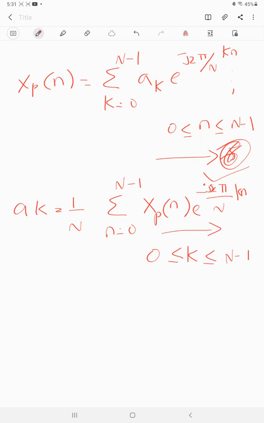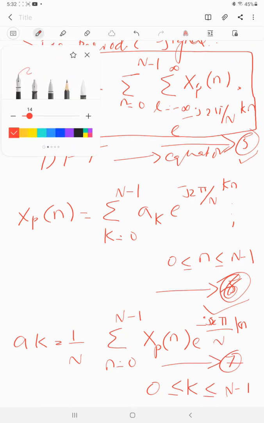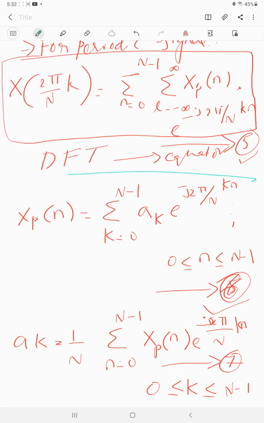This will be equation number 7. a_k is a Fourier coefficient. Let us compare equation number 7 and equation number 5.